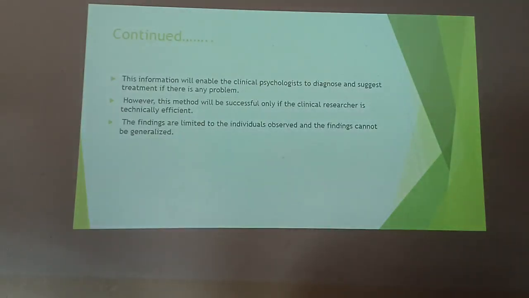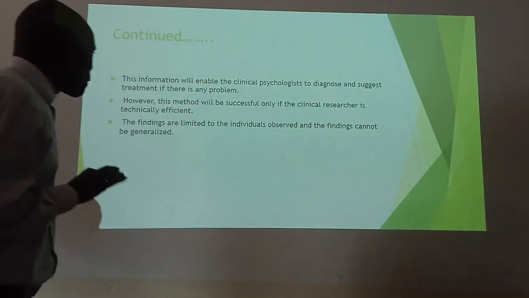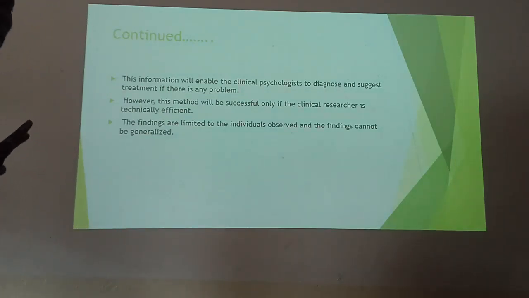This information will enable the clinical scientists to diagnose and suggest treatment if there is any problem. Information has been gathered from the victim himself, from the parents or friends, or anyone else who knows him.